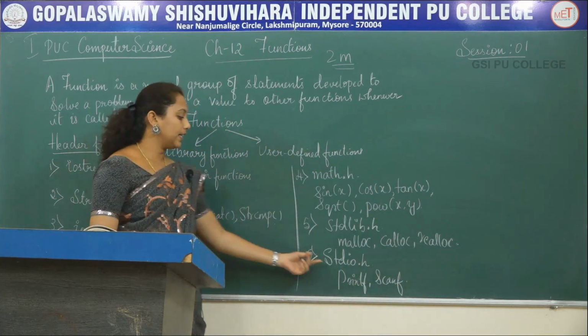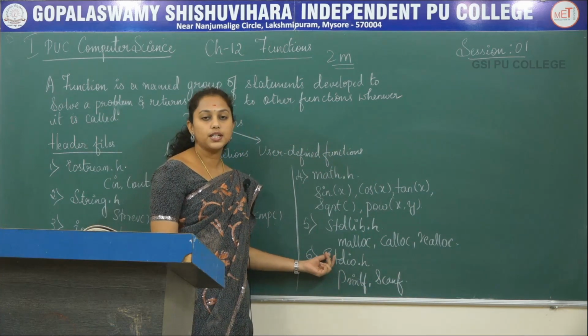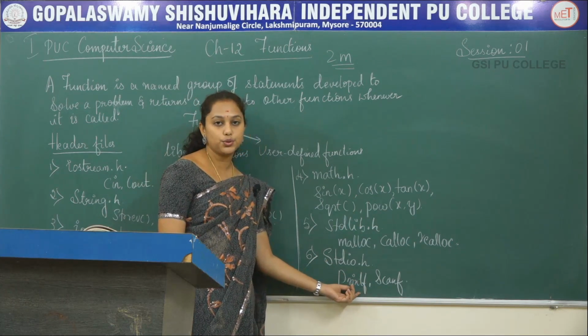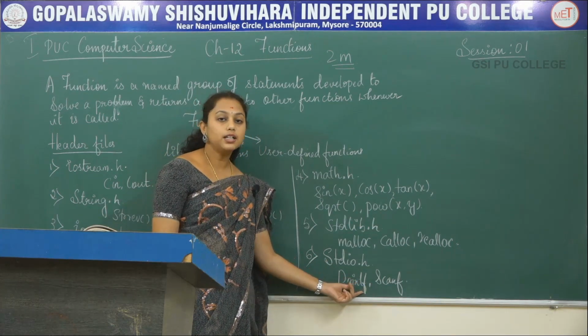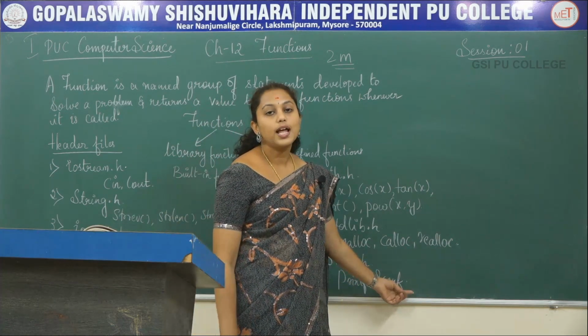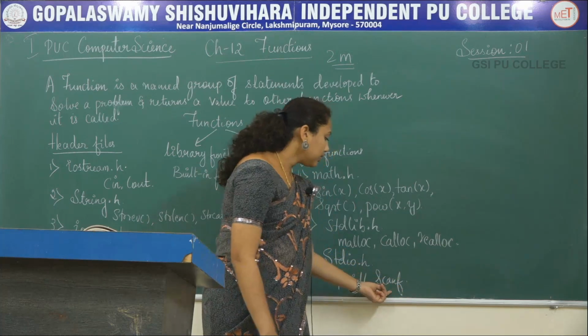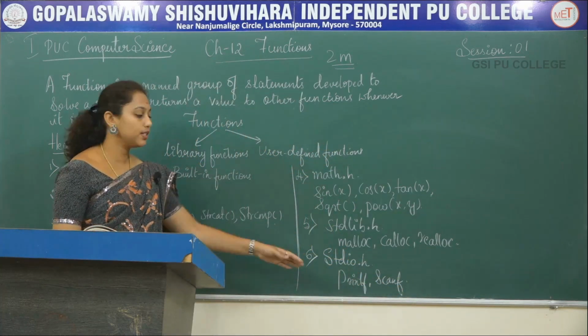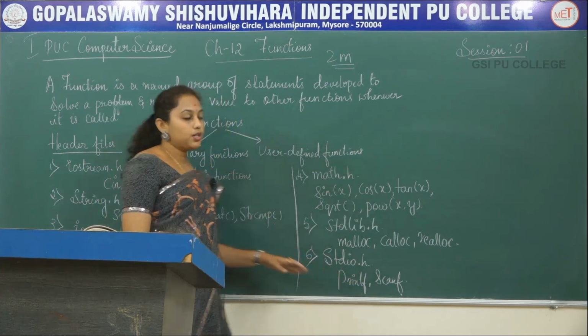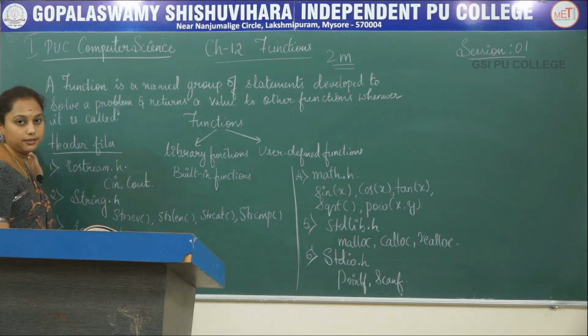This header file is usually used in C programming. This printf is used to display the data on the display screen, and scanf function is used to accept the data from the user. It is just like cin and cout statements. So these are all the different header files.